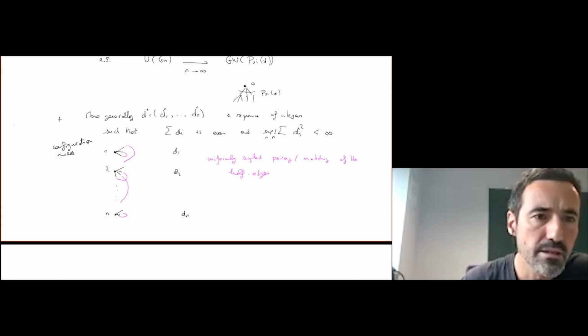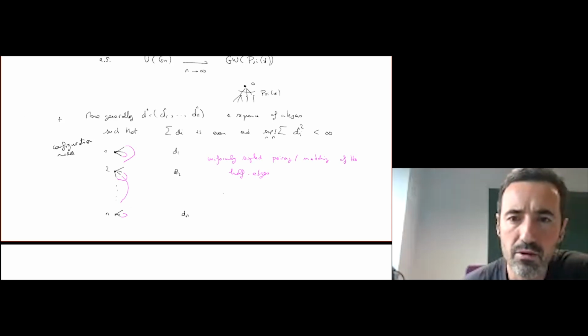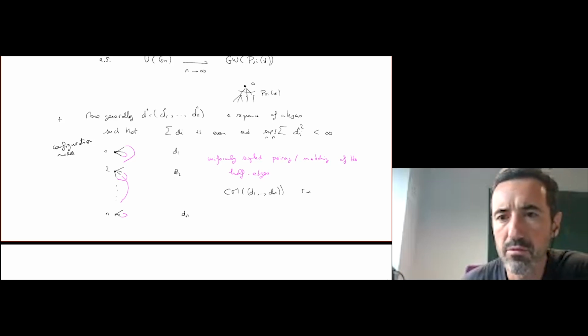When you do that, you obtain a random graph, which is called the configuration model associated to the degree sequence d_1, ..., d_n. So it's a random multigraph.